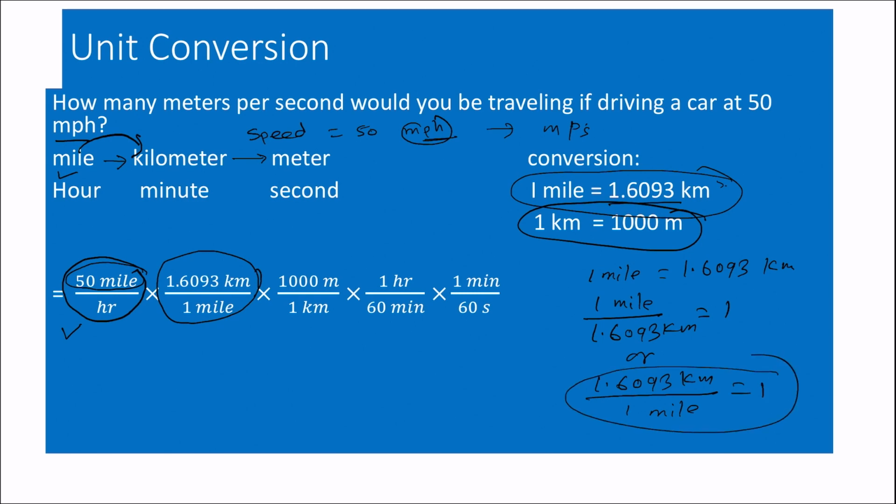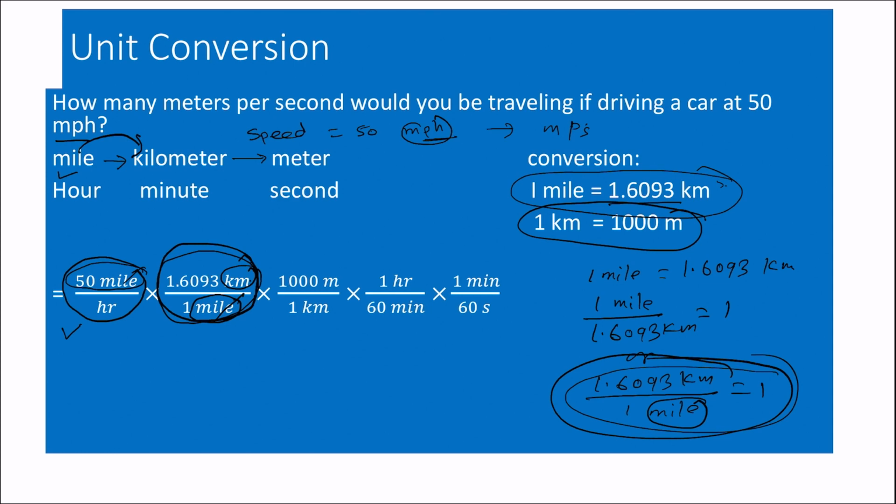But to change from miles into kilometers, I use this conversion factor, where on the bottom the mile is there and on top the kilometer is there. That is why I use this factor, because this mile will cancel out, then it gives the kilometer.